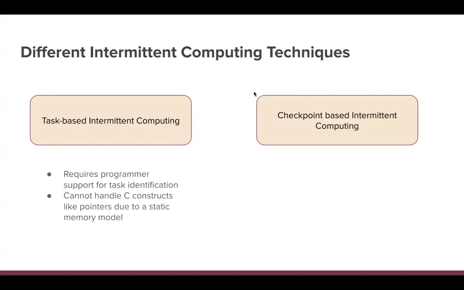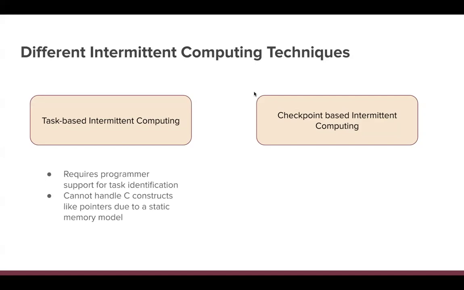Now, this requires a lot of in-depth knowledge about the energy consumption of the tasks that are to be created, and it adds a huge burden on a programmer or a developer. Moreover, the model of task-based intermittent computing demands that there cannot be any pointers or similar structures in the program due to a static memory model that task-based intermittent computing follows.